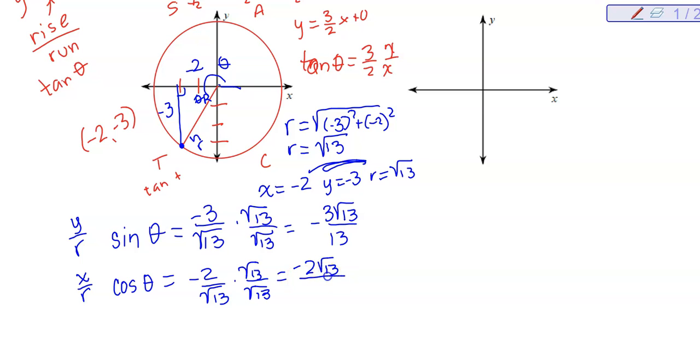For sure. So negative 2 square root of 13 over 13. And then tangent of theta, look, we already know that. It was the slope of our line, y over x. Negative 3 over negative 2, which is just 3 over 2. And there you can see the slope, opposite over adjacent.